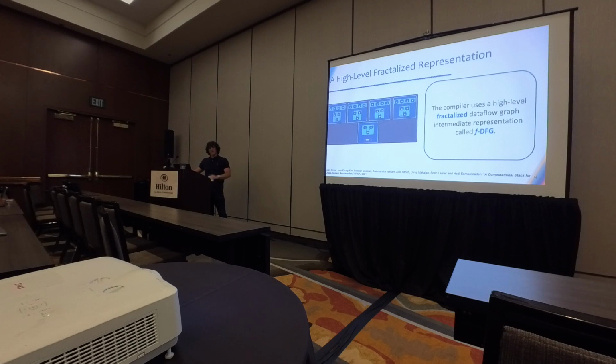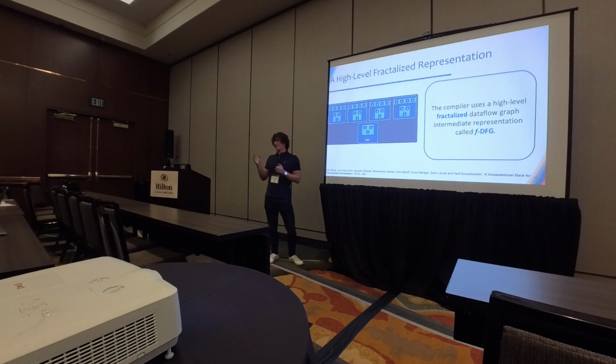To move into the high-level portion first, I'll just give a quick overview of these, and then I'll talk about the compiler. So the high-level representation, we call this the FDFG, or fractalized data flow graph. The figure here is kind of an arbitrary example. It's just like a normal data flow graph where the vertices are the actual computations and the edges are the data movement between those computations. But here, every top-level vertex has a sub-graph that is another FDFG that represents what that node's actual computation is.